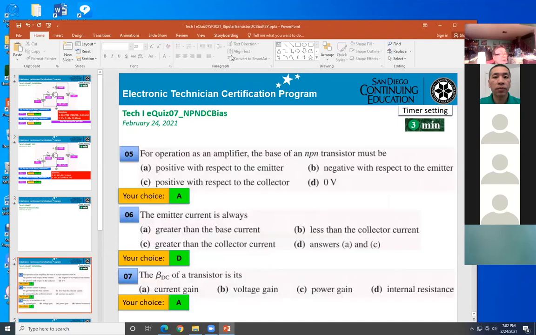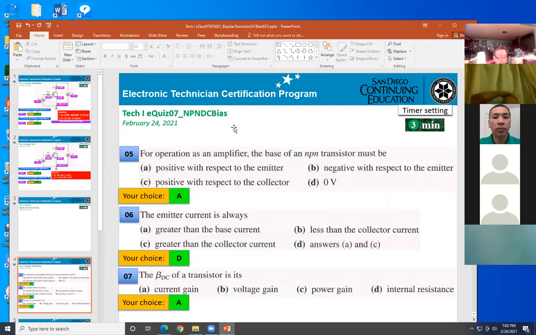For operation as an amplifier, the base of the NPN transistor must be positive with respect to the emitter. Yes, A. That means the diode has to be on, right? Yes. Number 6, the emitter current is always ABCD.